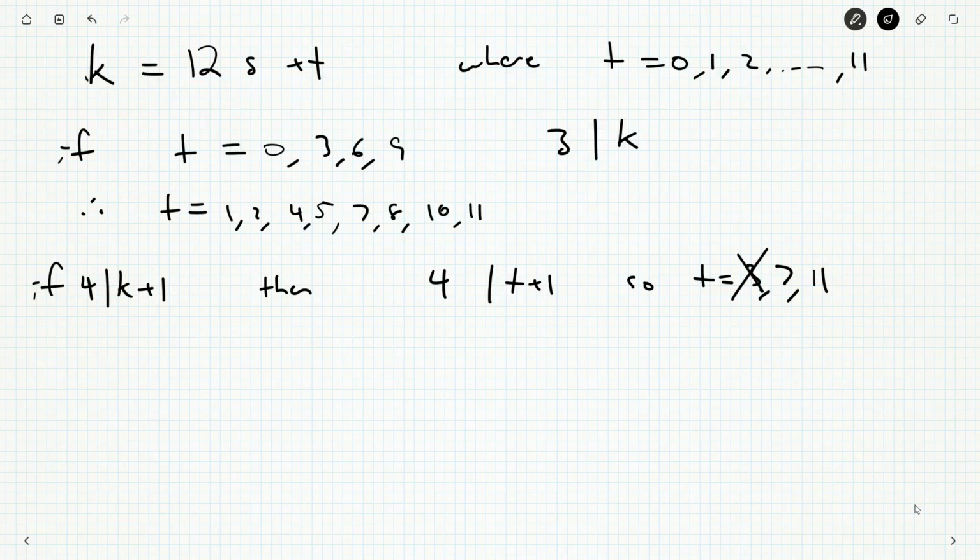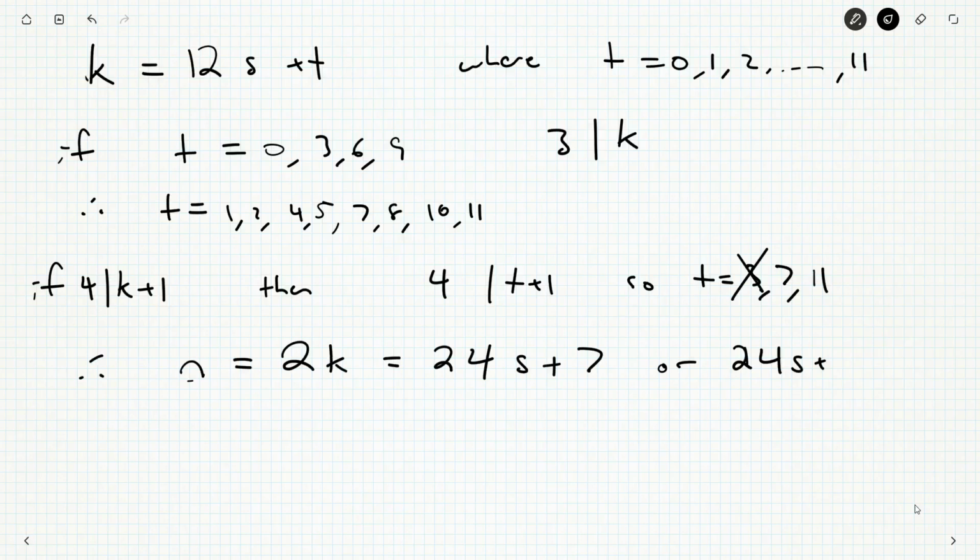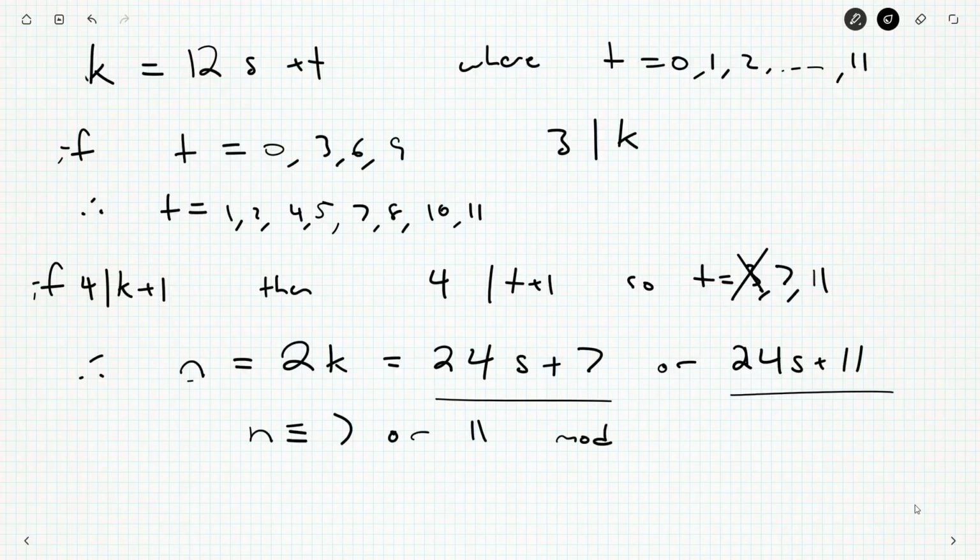I already remarked that, but it can be 7 or 11. Therefore, n looks like 2 times k, which is going to be 24s plus 7, or 24s plus 11. And this is why I didn't have any examples. So n is, another way to say it, n is congruent to 7 or 11 mod 24. Just to write this down with modular arithmetic.